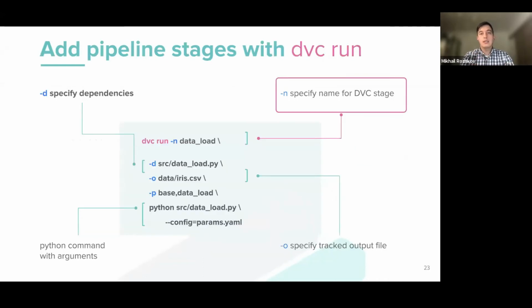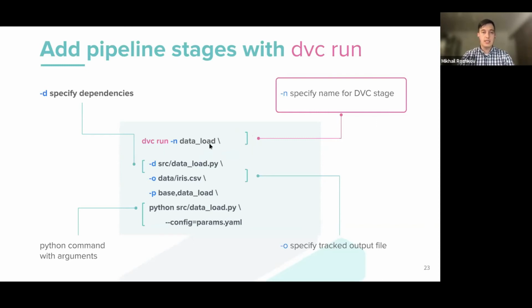And in DVC, we have a few ways to create the stages for a pipeline. The first one, historically probably, is the dvc run command. It looks like this.